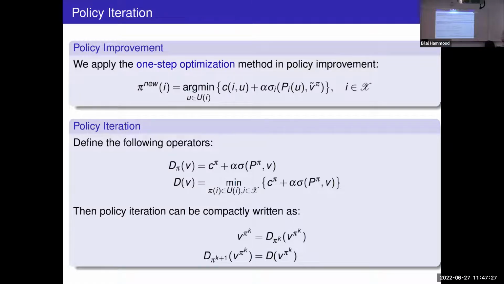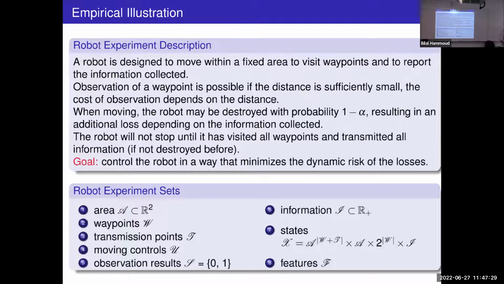So there's one empirical illustration here, which means that we want to solve the robot navigation problem. That is walking around to visit some waypoints and to report the information collected, but we don't want to get the expected value of that control.